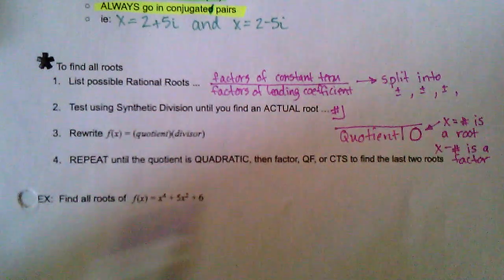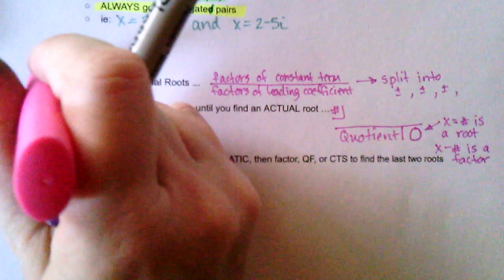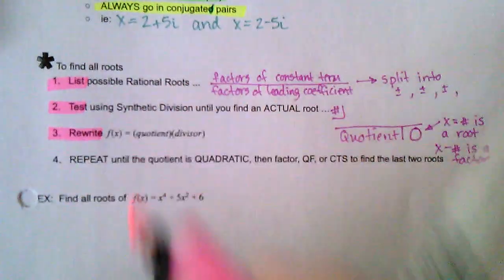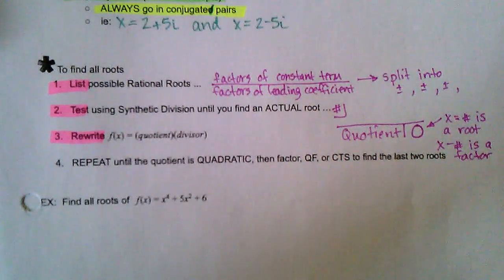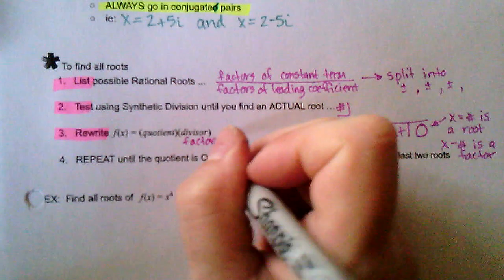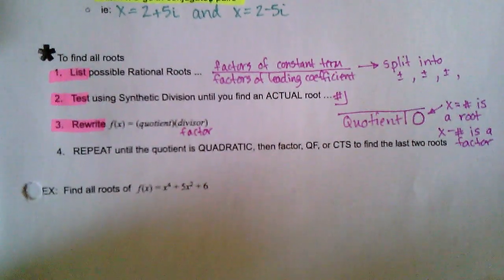So we do list, test. First step, list. Second step, test. Third step, rewrite as the quotient times the divisor, which I guess another way to write divisor would be the factor that we found over here. X minus that number would be our divisor.